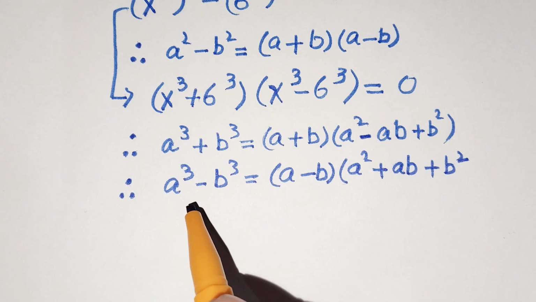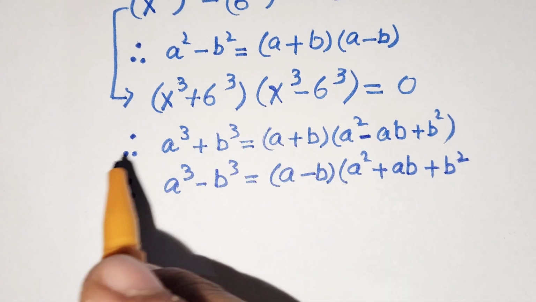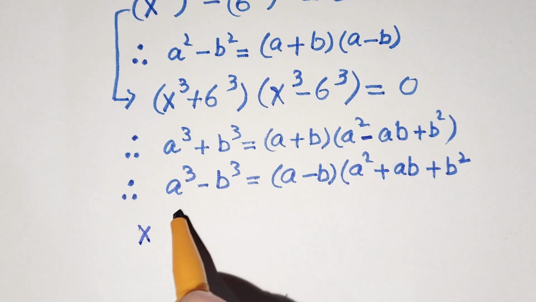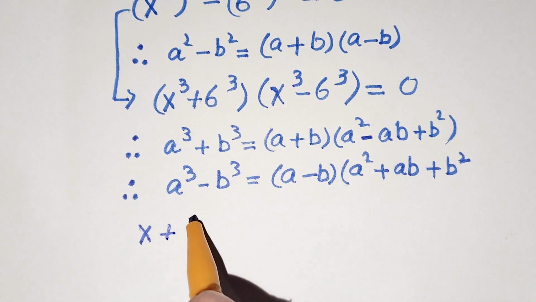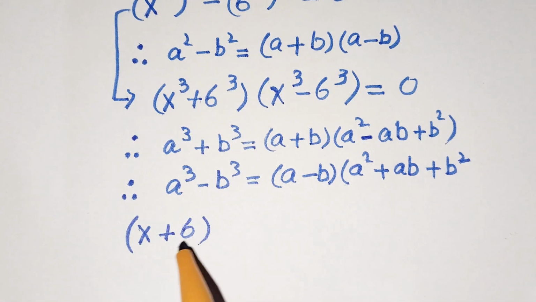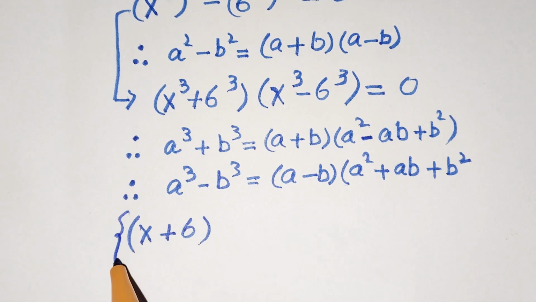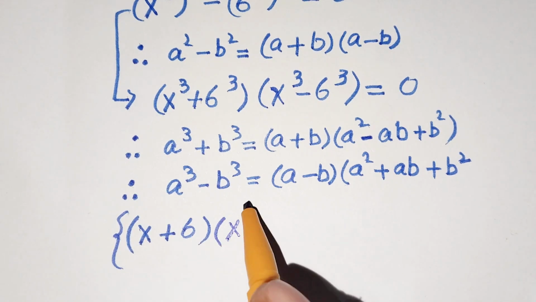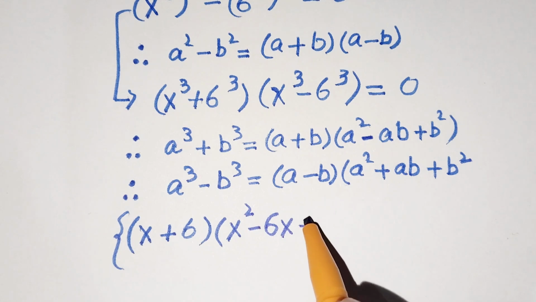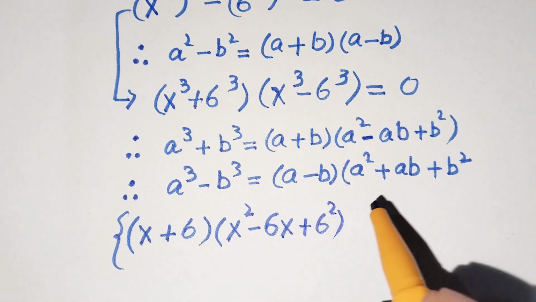Now applying these formulas in this equation, x cube plus 6 cube is equal to x plus 6 times x square minus 6 into x plus 6 square.